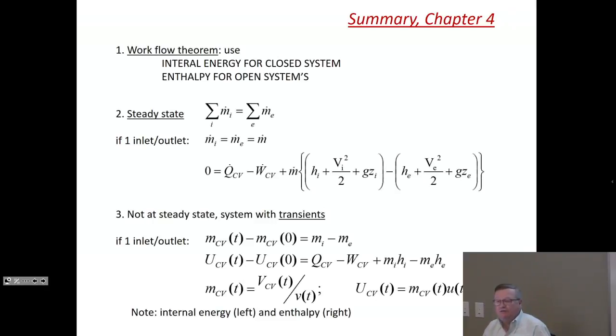Let me just go over all the equations that we used in chapter 4. In steady state systems, you use reflexively internal energy for closed systems, enthalpy for open systems. In steady state where you have only one inlet and one outlet, you need to worry only about one value of the mass.